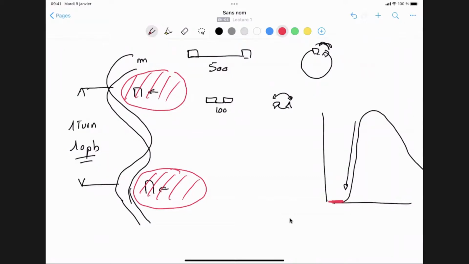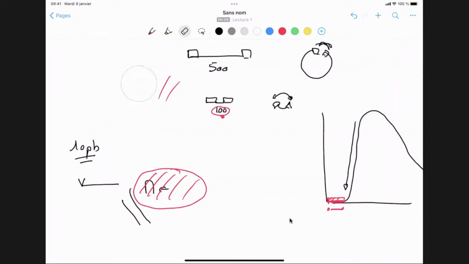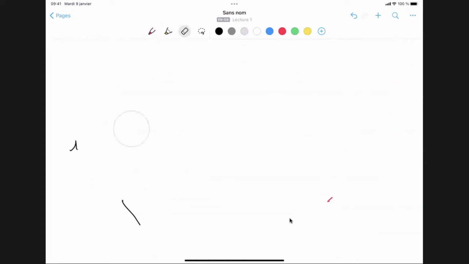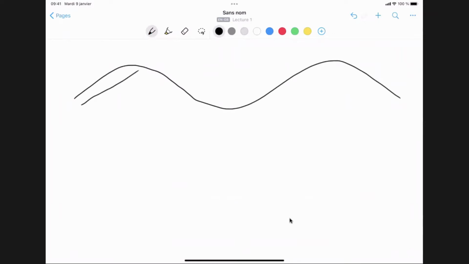Do you understand? I'm trying to explain to you what's happening for very short distances, when this number is very, very short. Okay, so I'm going to redraw it, I'm going to show you like this. It will be easier.